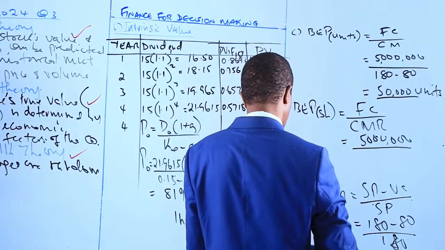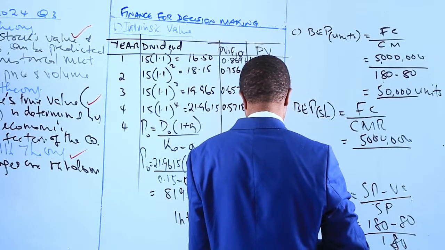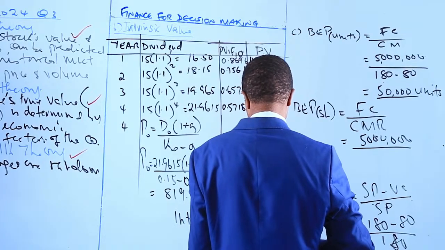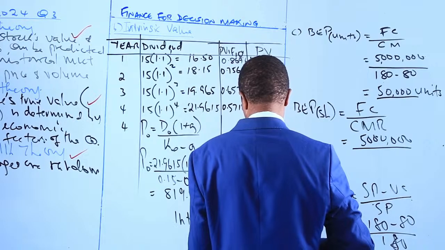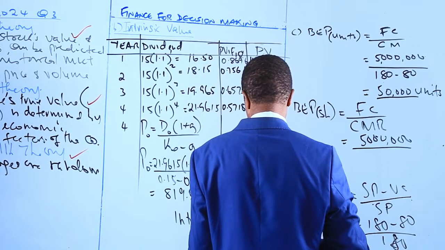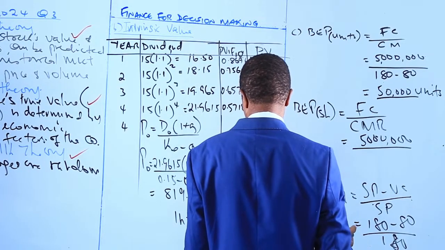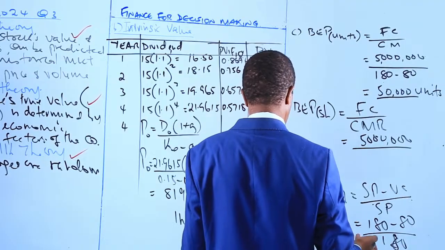So 180 minus 80 is equal to 100. 100 divided by 180 is 0.555555.